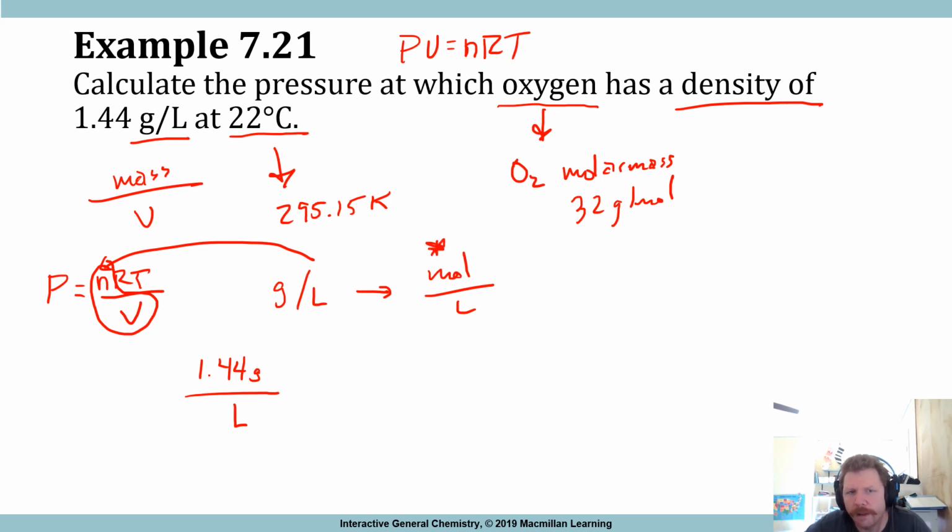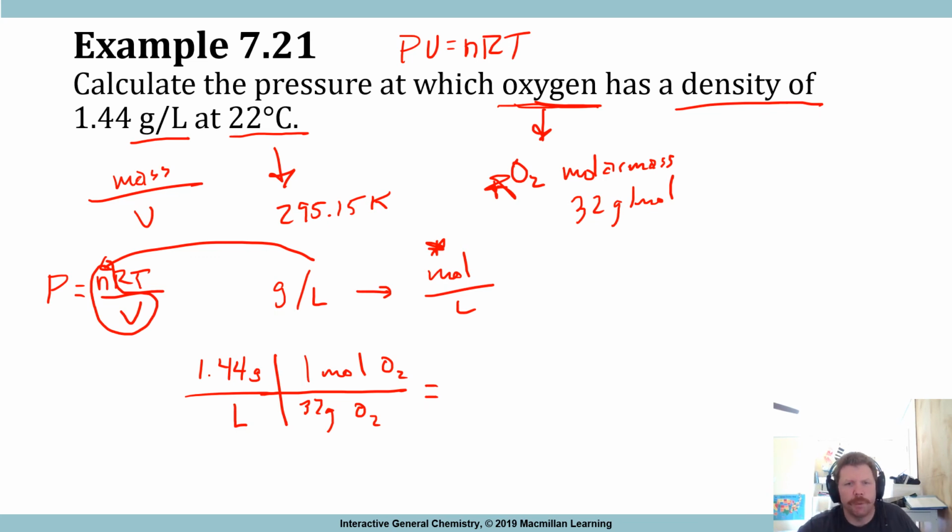We also have our molar mass of O2, the gas that we're working with. 32 grams of O2 is 1 mole of O2. So when I take 1.44 and divide it by 32, I end up with 0.0450 moles in 1 liter.